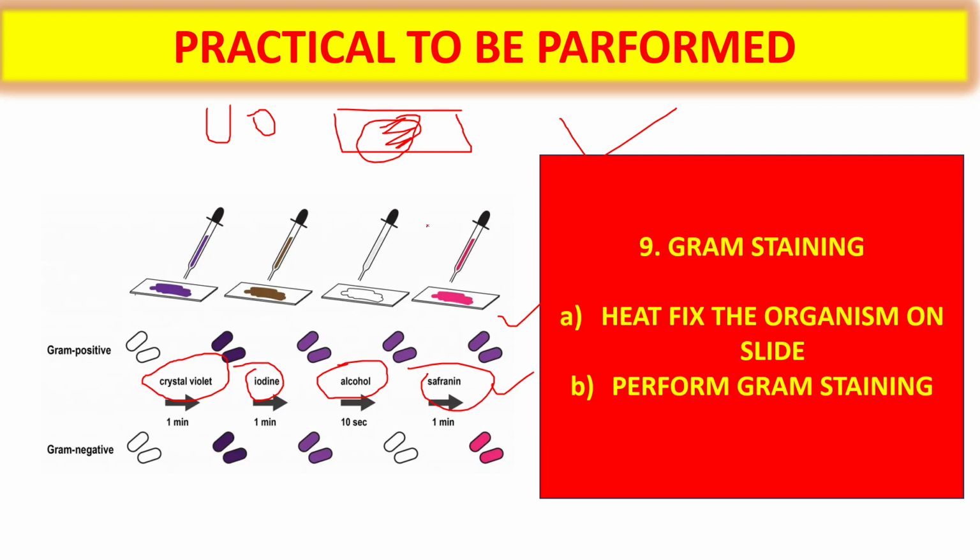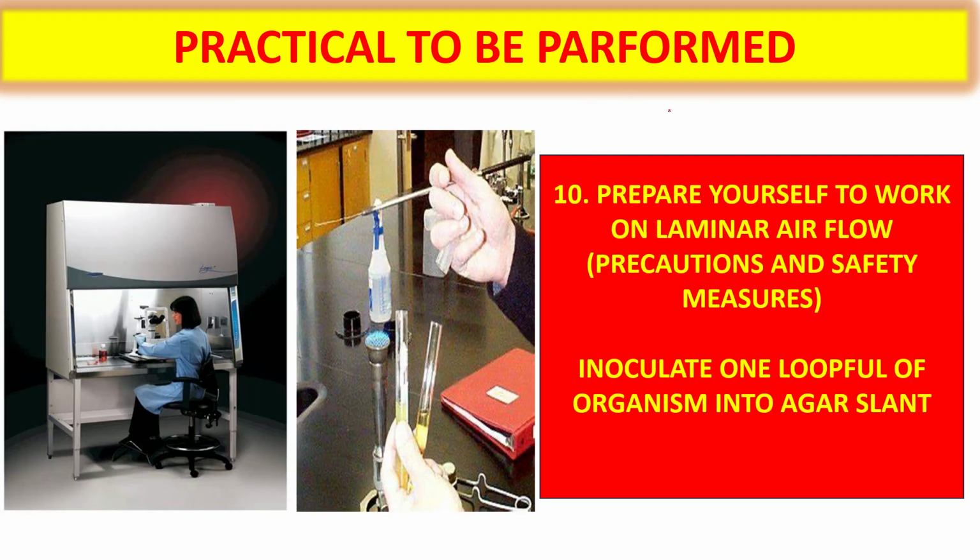Okay, so the last practical which can be asked in a skill test or practical test in a biological lab, that is, prepare yourself to work on laminar airflow and what precautions and safety measures we have to take.